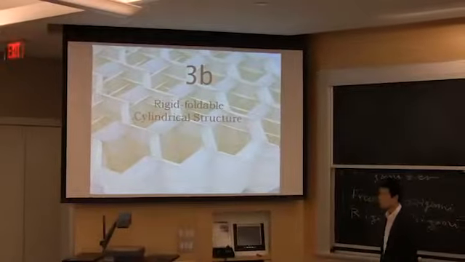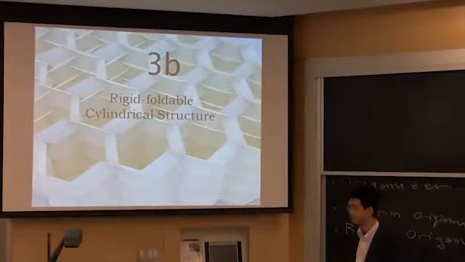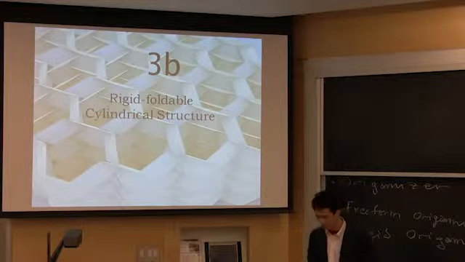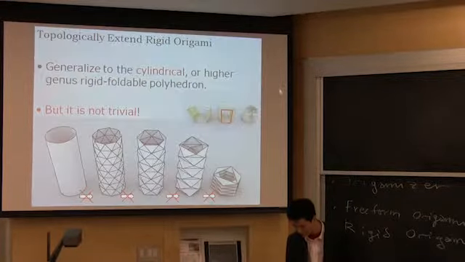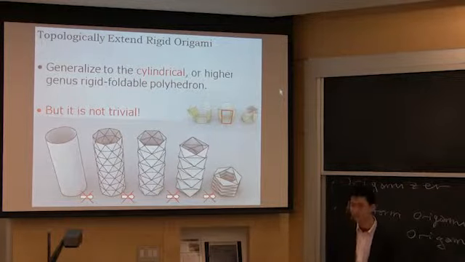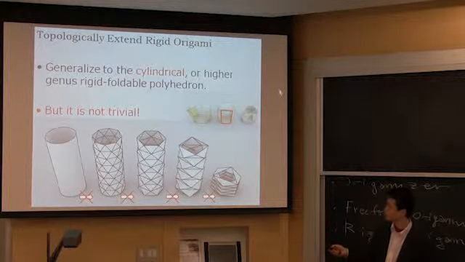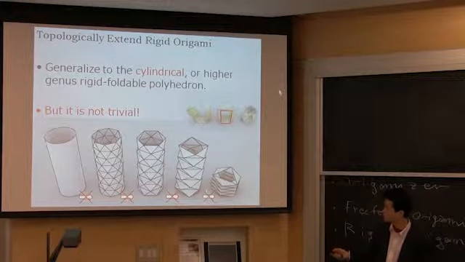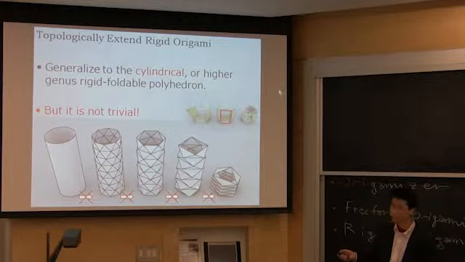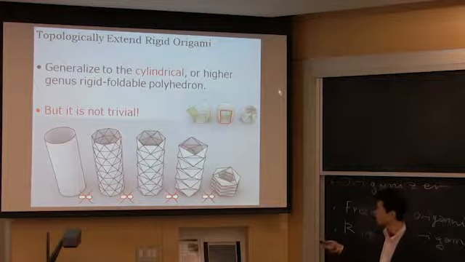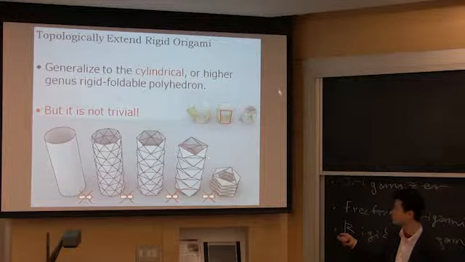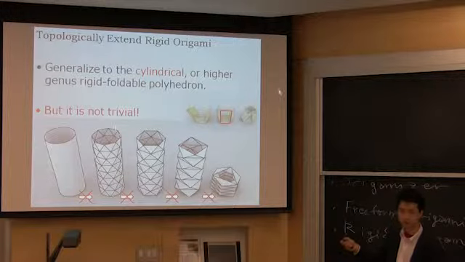Okay. So this was about a disk, and we can develop it into a cylindrical structure. And the cylinder is not trivial because, for example, if you think this is a non-origami pattern, but this doesn't transform to this pattern because this is different. This has a different number of edges.